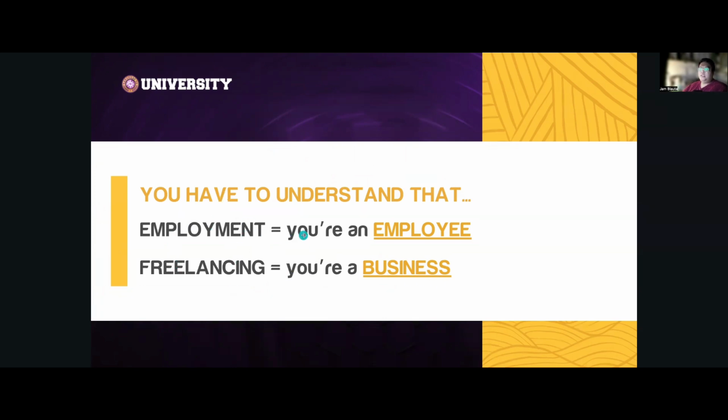When you say employment, you're an employee, you are working under a company just like your previous corporate job. But as a freelancer, you are a business. It's important that you have this business mindset because you are the product, you represent that product and that business. To solve the problem of the specific client that you're targeting, you have to build an efficient product.